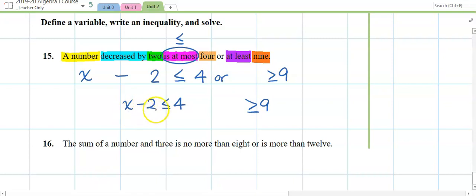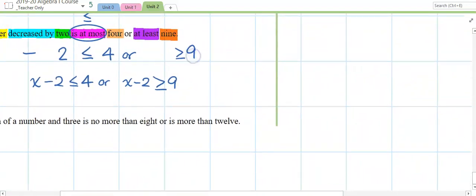So whatever I've written on the left here would also go in the inequality on the right. A number decreased by 2 is at least 9. Or a number decreased by 2 is at most 4.